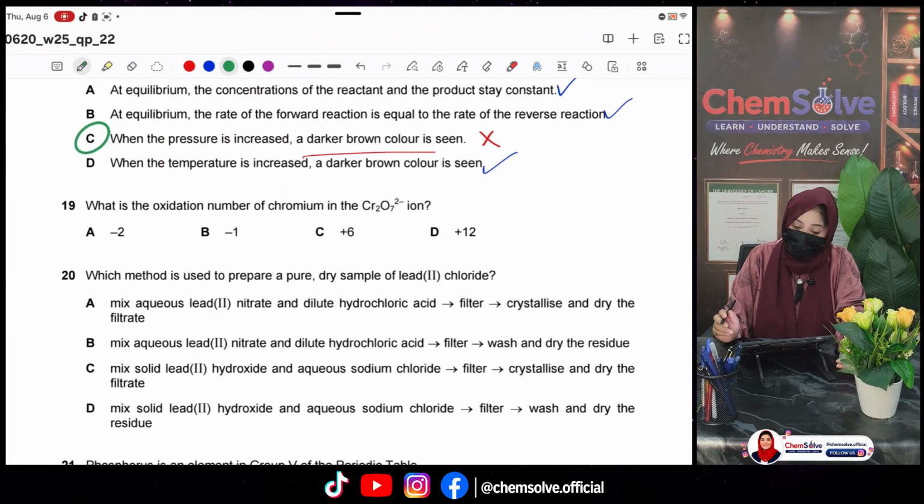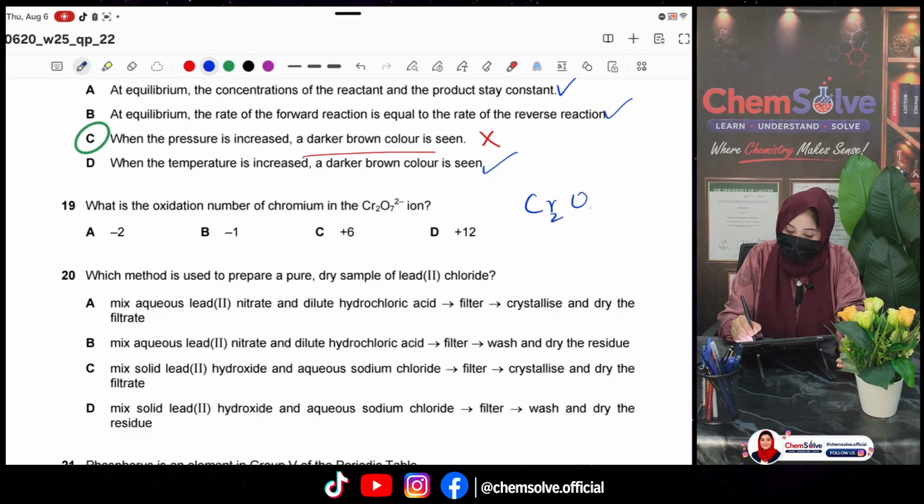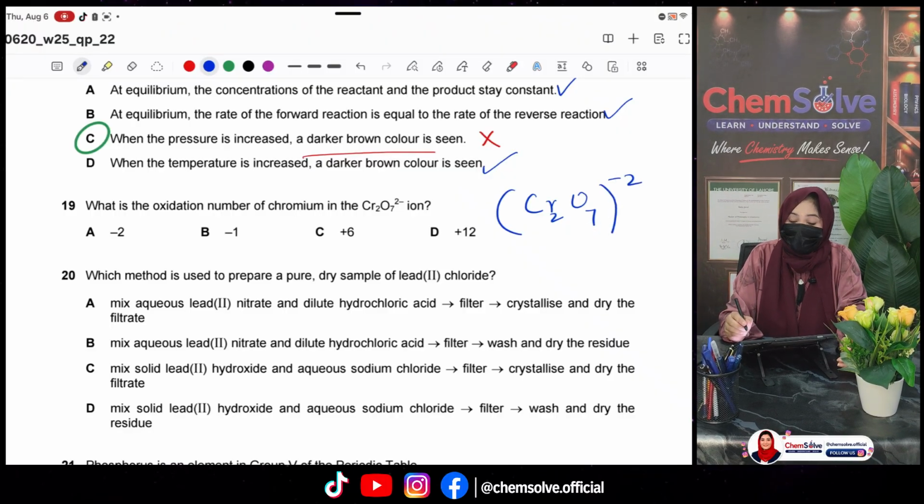What is the oxidation number of chromium in Cr2O7 2-? So let's calculate it. Cr2O7 overall is -2. What is the oxidation number of oxygen? We all know this is -2, and there are 7 oxygens here. So 7 multiplied by -2 would be -14, right?